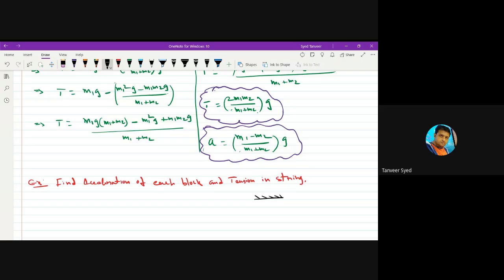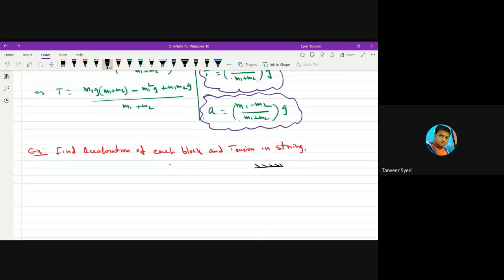So if I give a system like this, this is a pulley block system. This is a 2 kg block, and this is a 4 kg block. If the system is released from rest, then find acceleration of each block and tension in the string. This is the question.